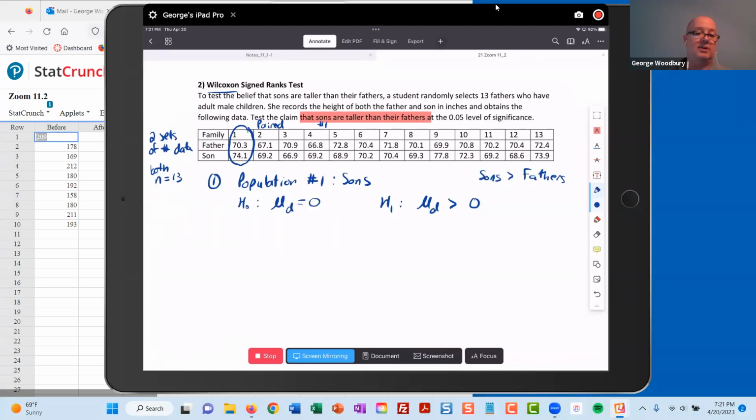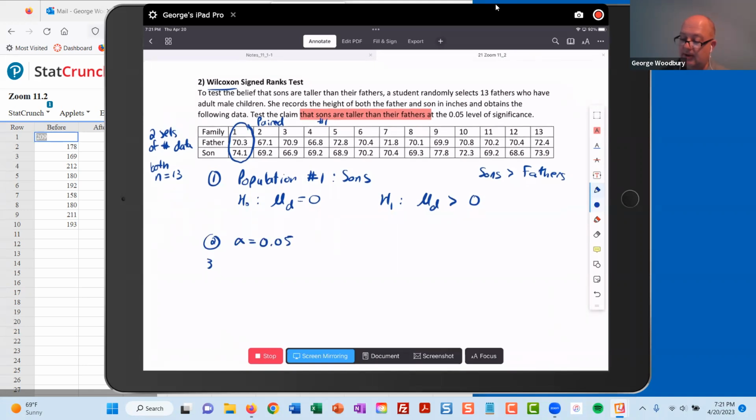Now, in a moment when these conditions fail, I'm going to have to come back and change what I wrote here, but I'll edit that in a sec. Step 2, level of significance this time is just 0.05. That won't change. Step 3, the name of the test is pair difference. That will change as well. When the conditions fail, it's got a different name. It's called the Wilcoxon test, and we'll come back and fix that in a minute.